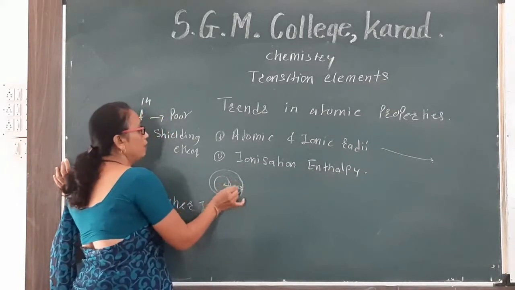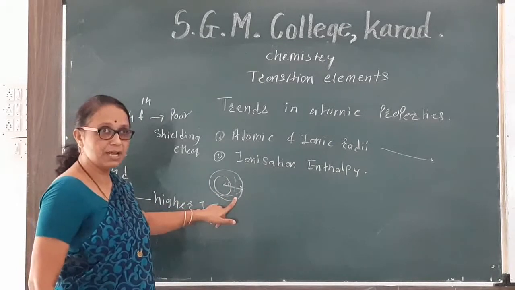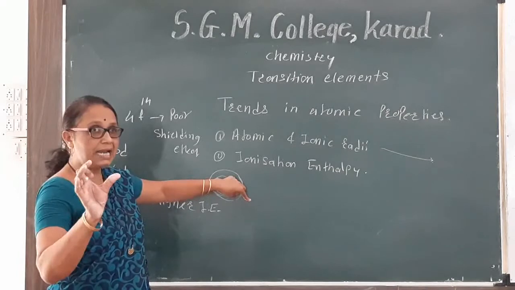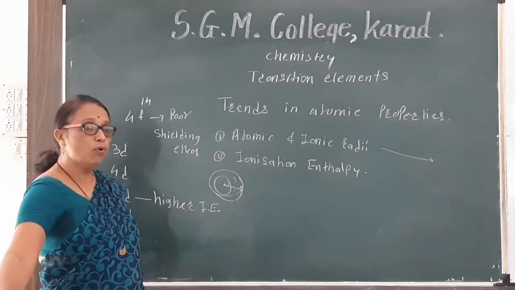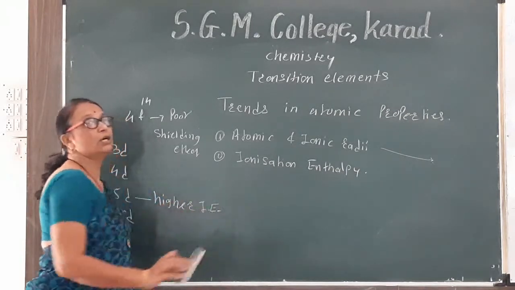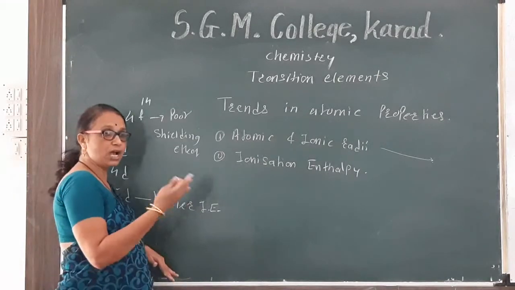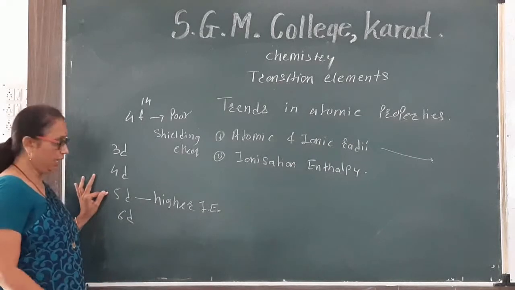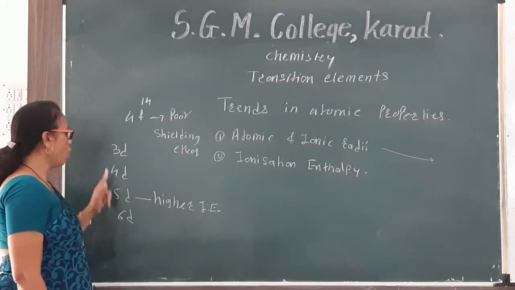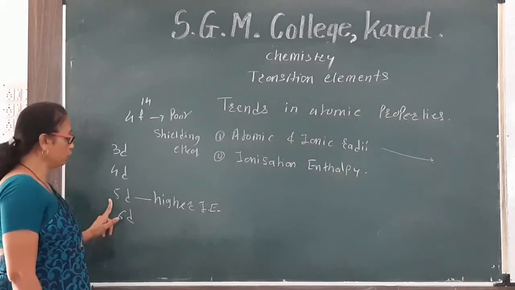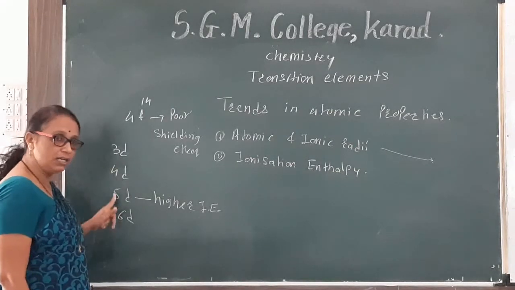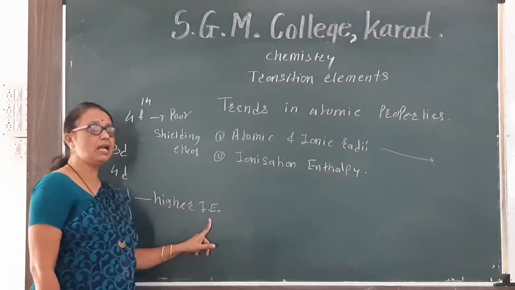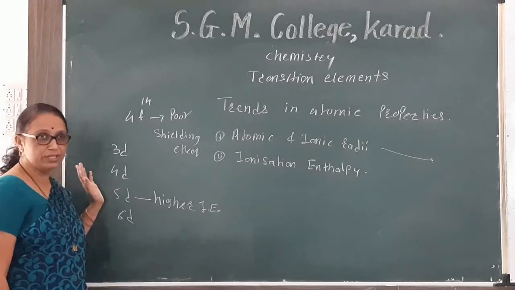As attraction increases, the outer electrons are somewhat tightly held, and hence more energy is required to remove the electron from the outermost shell for the 5d series, and hence the third series in transition elements has higher ionization enthalpy than the 3d and 4d series.